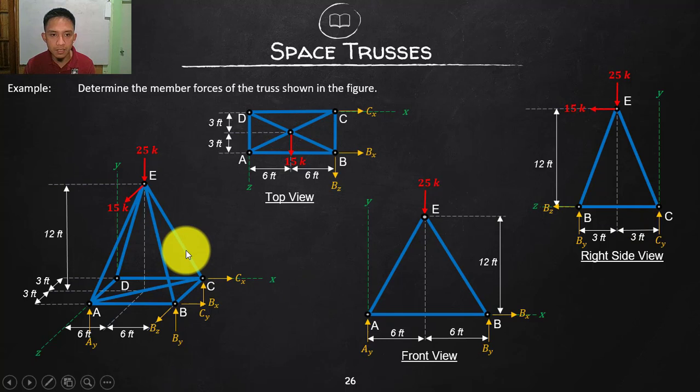So these two will hide the 2 at the back, and this is hidden because of that below. And we can only see these perpendicular forces. So BY, BX, CY and CX, we cannot see because that is just a line. BZ, we can see that one. AY, we cannot see, and we can see these 2 because that is within the plane.